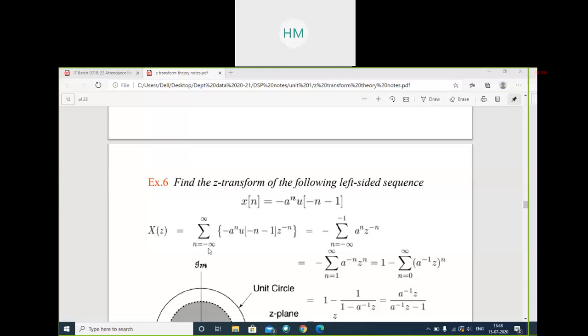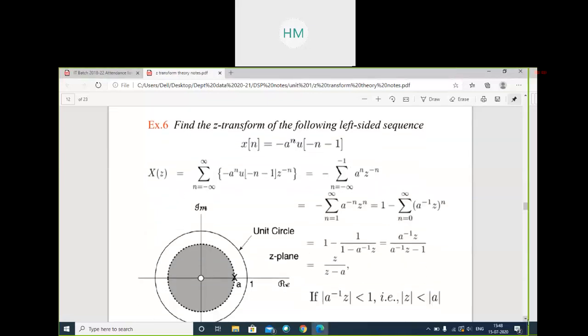the question, and my limit will vary from minus infinity to minus 1. Minus infinity to minus 1. Here now I will start simplifying it. So minus summation a to the power minus n z to the power n. So what I am doing, this is one of the ways.